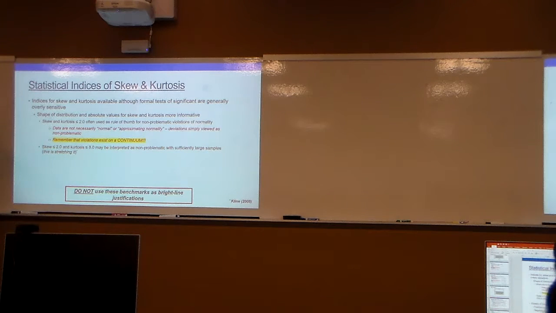If you see a distribution with a skew of 1.5, it's going to look pretty skewed, right? But we're using this as a general rule of thumb, particularly with reasonably large samples, for something that's maybe not a problem, or that we don't need to start thinking about transforming or doing a bunch of things like that. Same thing with kurtosis values.